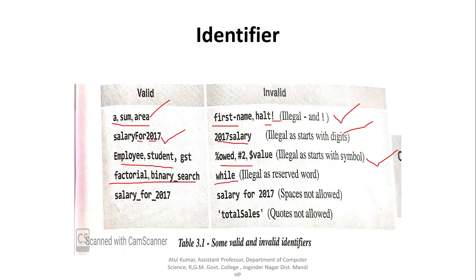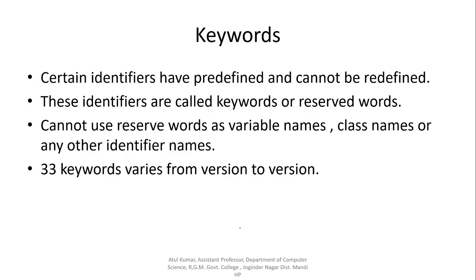It is also an illegal identifier, because while is a reserved word in the Python language. The next identifier is also illegal, because we left a space between salary and 2000. Spaces are not allowed in creation of identifiers. Next, quotes are not allowed in creation of identifiers, so this is an invalid identifier.